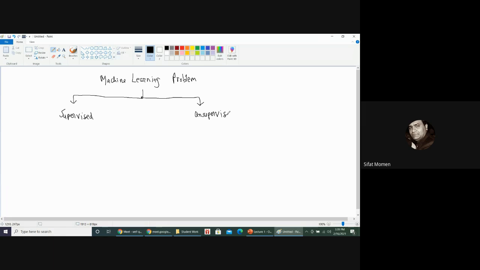So let's imagine you have a machine learning problem that you want to solve, and depending on the data set, it's either a supervised learning problem or an unsupervised learning problem. It's a supervised learning problem if the data set that you have is a labeled data set. Am I correct? Yes, sir.